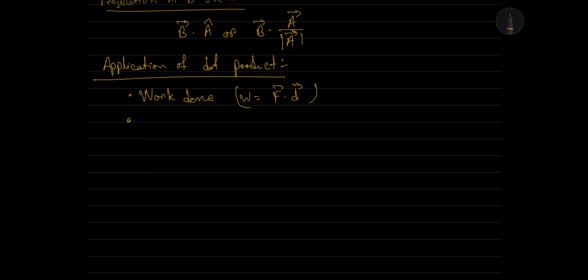Then projection calculation, projection of A vector is A vector dot B cap. And we can also calculate the angle between two vectors.